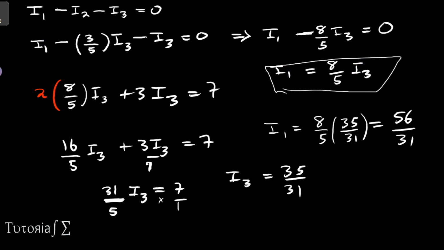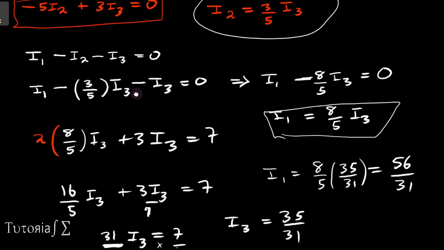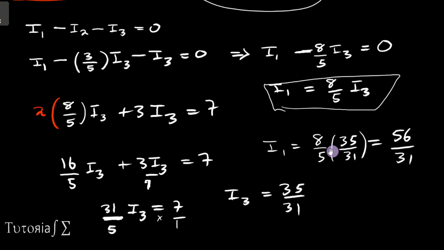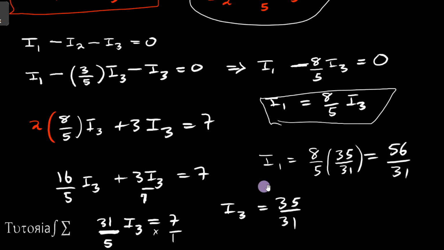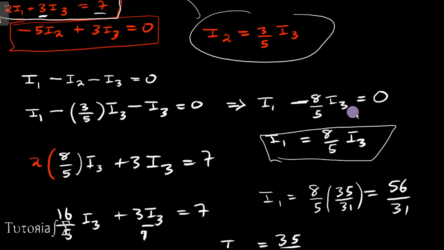Now we need to find our I2 using this one. So I2 will be equal to 3 over 5 I3.